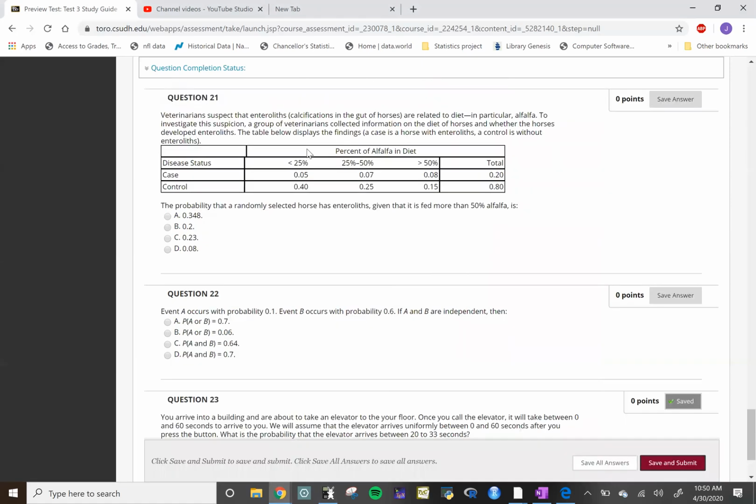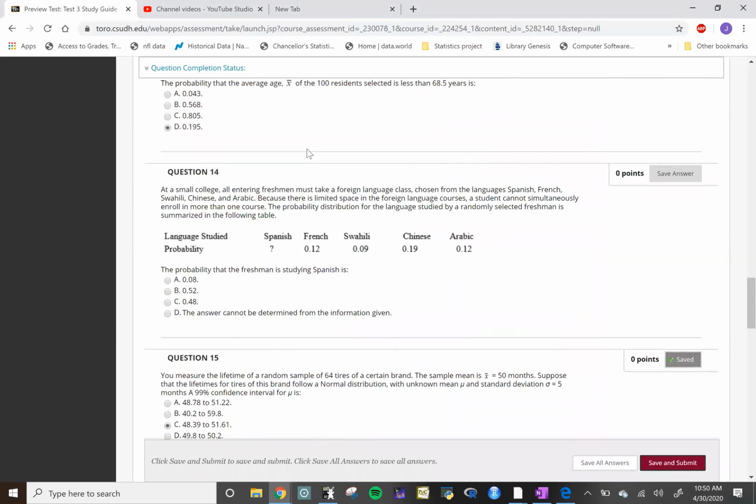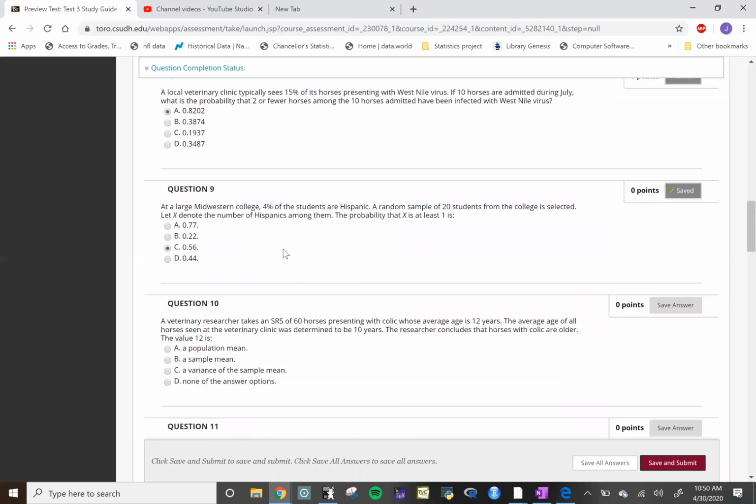All right, so let's do 14. If you look at this one, they want to know the probability that the freshman is studying Spanish. So we want to figure out what this question mark is equal to.